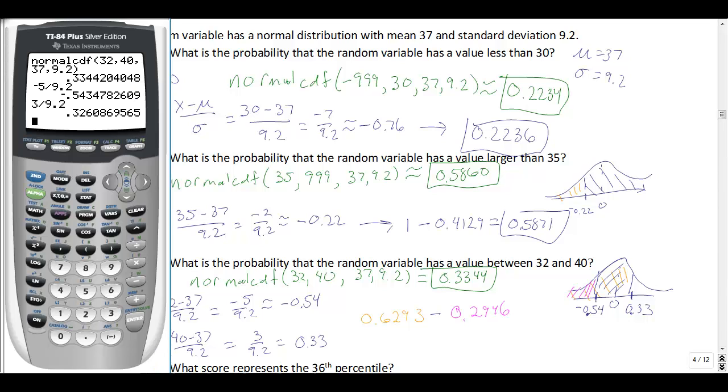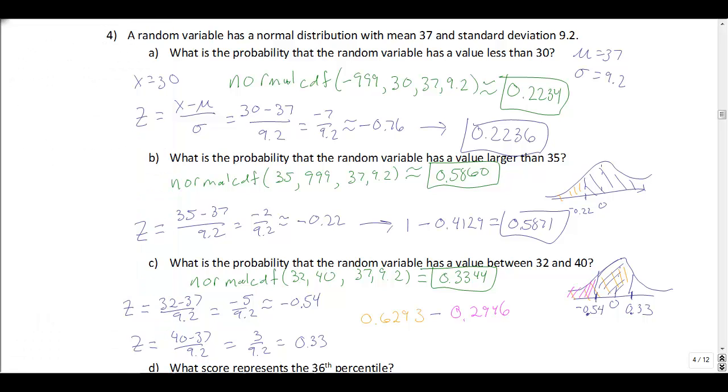And so 0.6293 minus 0.2946, I get 0.3347. So my answer here is approximately 0.3347. Kind of ugly 4 there. So these values, again, pretty close, not quite the same, and so the rounding's not as bad in this one.